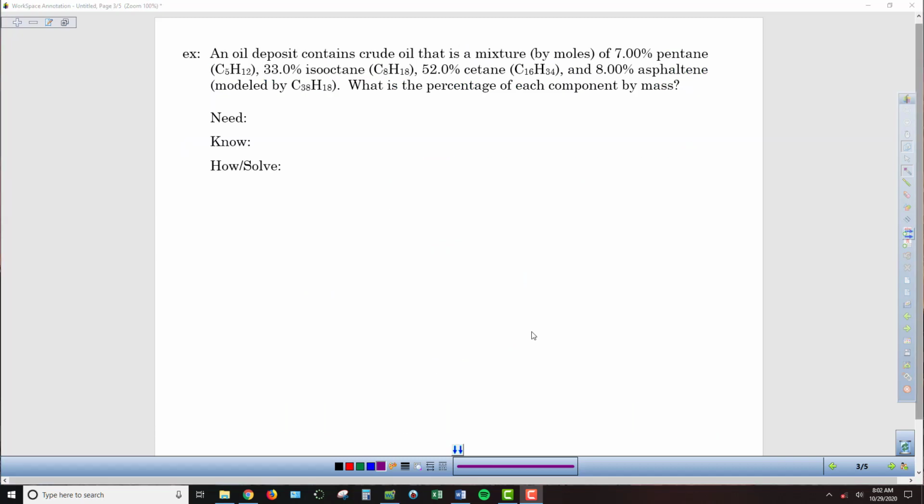So in our first example of this physical separation process, we're told that there's an oil deposit that is a crude oil mixture, and these are percentages by moles. It is 7% pentane, 33% isooctane, and 52% cetane, along with 8% asphaltene. We've got the various molecular formulas for those provided for us.